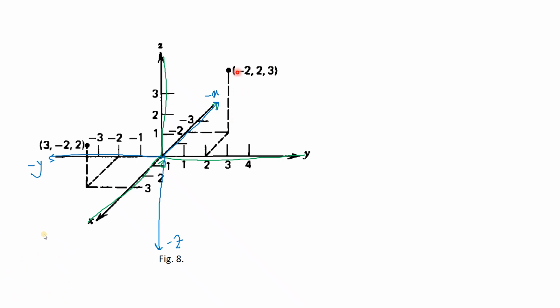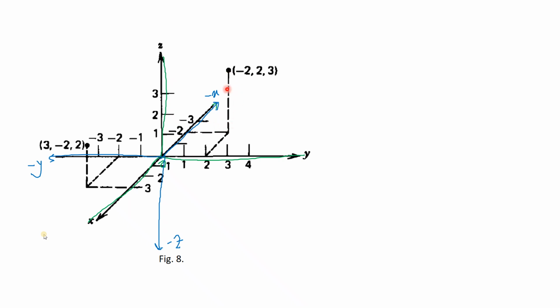Suppose this point is over here at this particular place. It is behind the z axis, so it is not in the yz plane. That means it is on the minus x axis, and it is observed that it has the value minus 2.